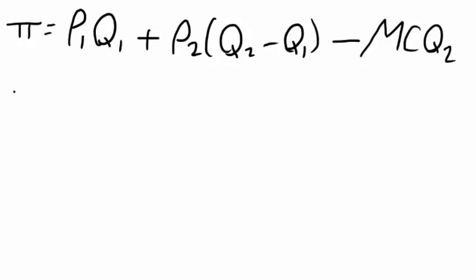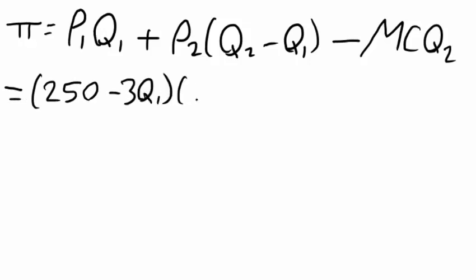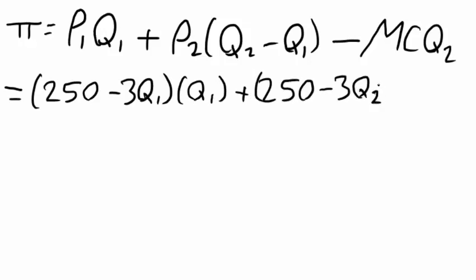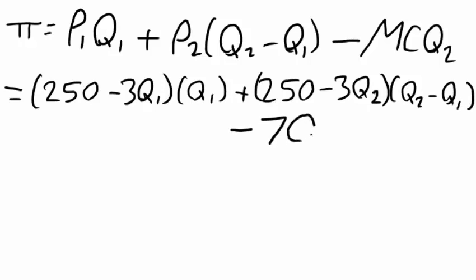Plugging in more information, we can plug in our prices as well as our marginal cost. So we get profit equals 250 minus 3Q1 times Q1 plus 250 minus 3Q2 times Q2 minus Q1, and then we would subtract out 7Q2. So this is one long profit function, and it'll only get longer from here due to how many terms we have.